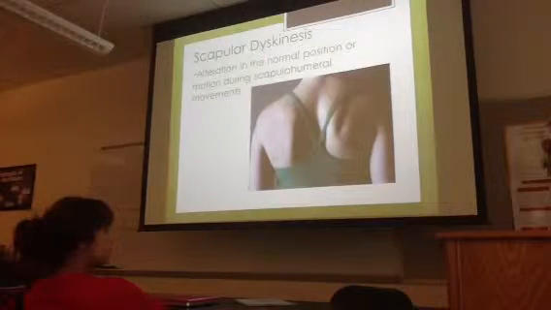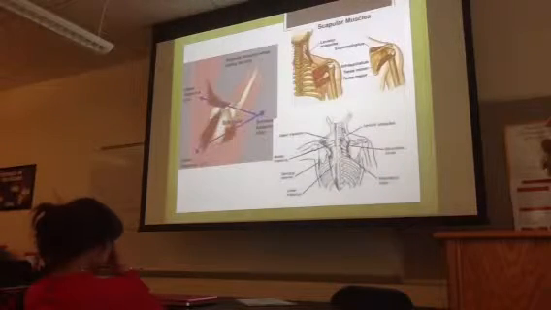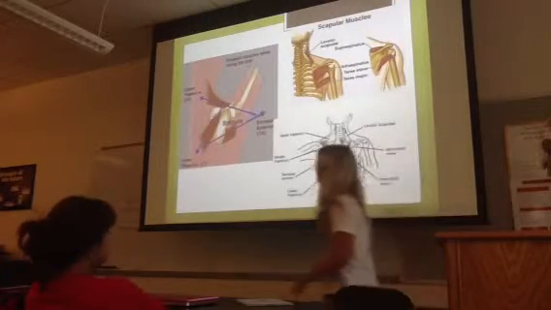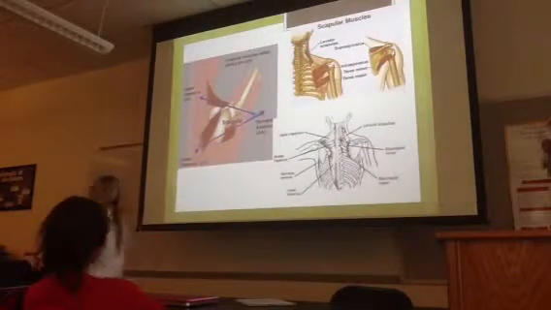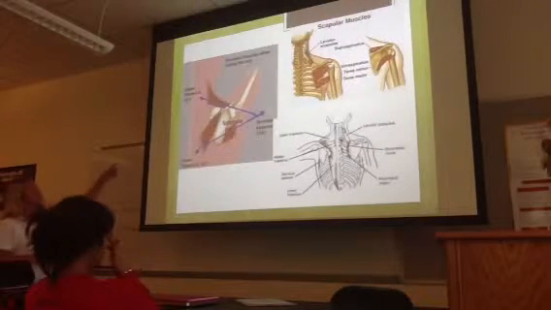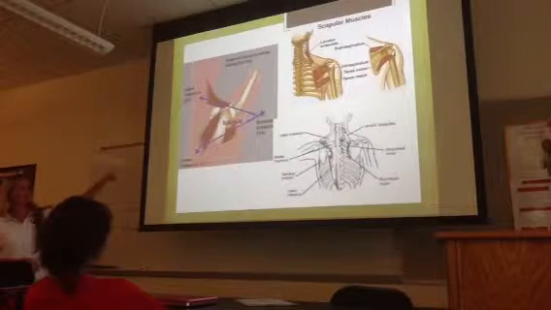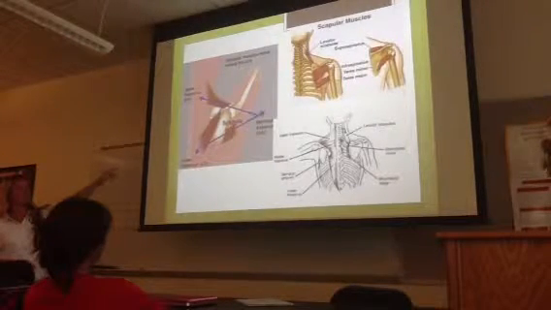So the one that you're throwing more with, you're going to have looser muscles depending on which motions you're doing. Talk about that. You have the trapezius and the lower trapezius and then the serratus inferior all acting on the scapula.